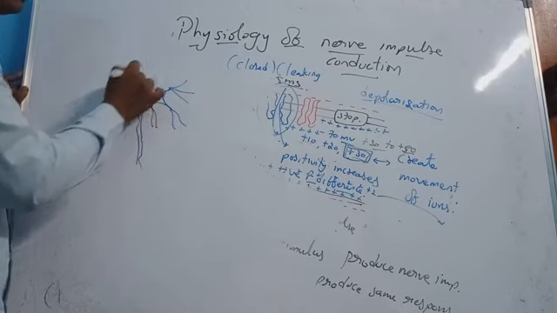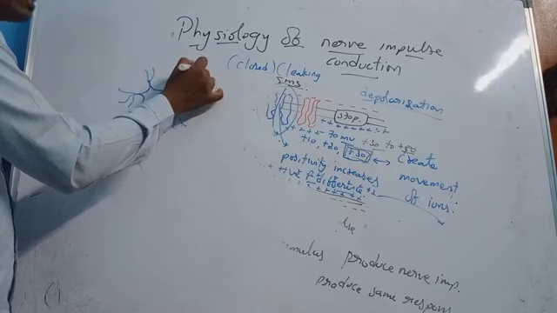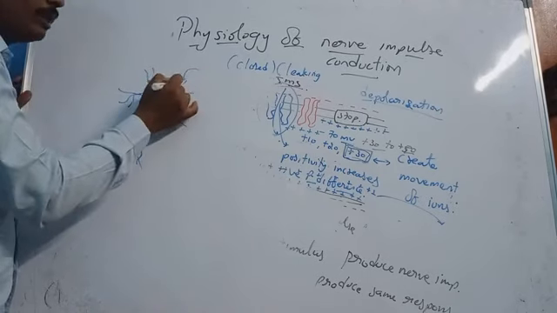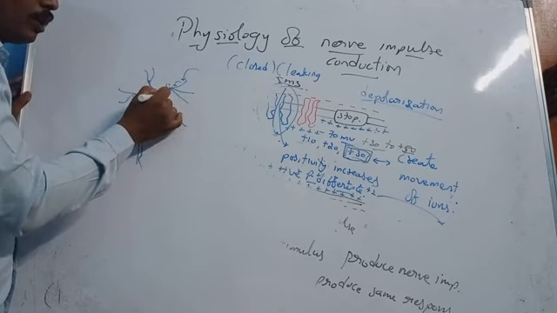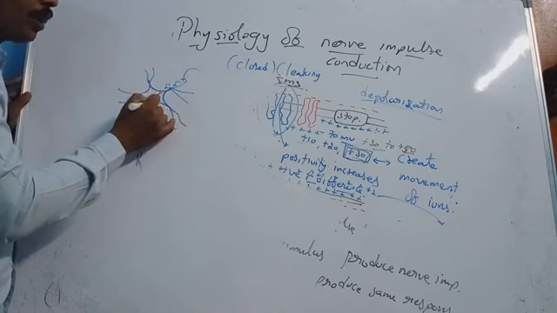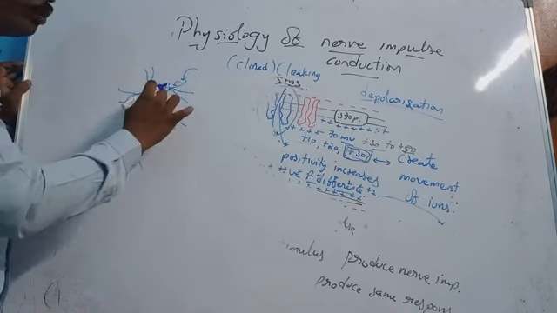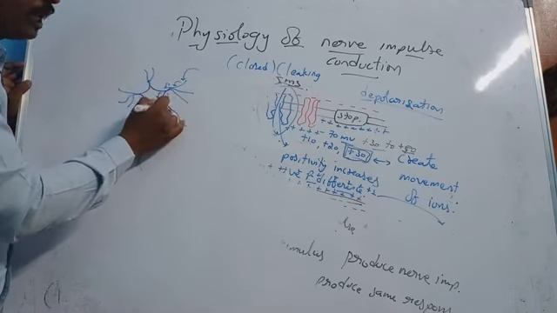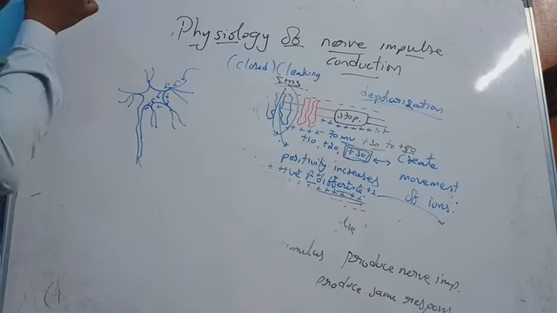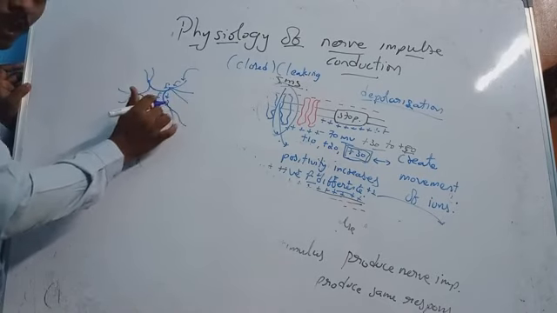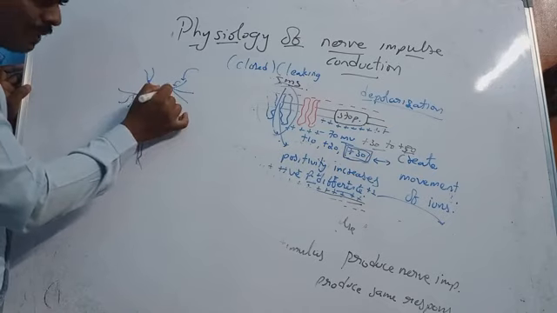Here also, as the signal comes from another dendrite, there is movement of ions. All those ions will be moving along the membrane. Remember, the nerve impulse or the ions will always move along the membrane. They will not move in the cytoplasm or exoplasm. They will move along the membrane, with the presence of a few channels.